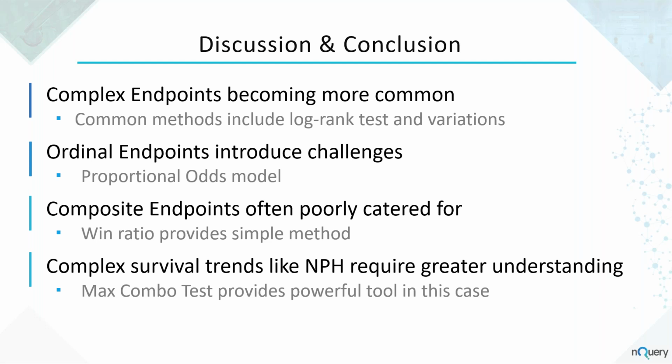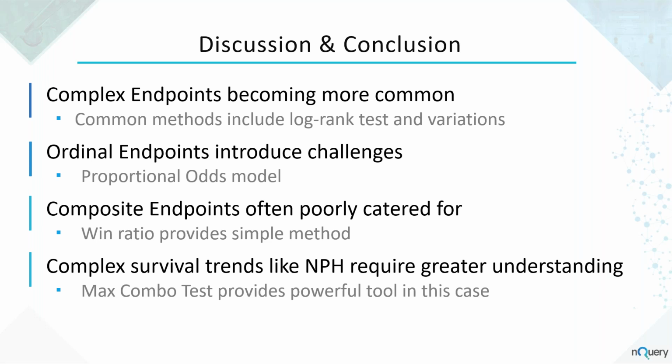Then finally, we spent quite a bit of time going into depth on non-proportional hazards and the issues that this causes with complex survival endpoints. The main takeaway from that would probably be that there's greater understanding required around how to deal with non-proportional hazards, knowing the type of non-proportional hazards that you have and what tests are most applicable in those cases.